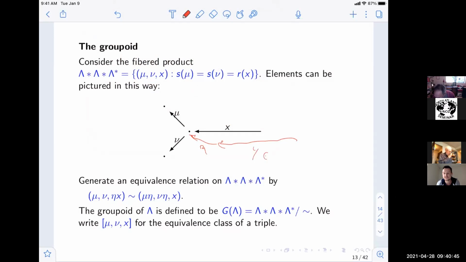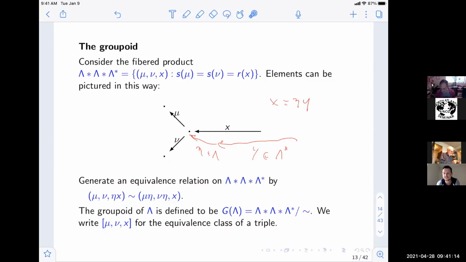So y should belong to lambda star again, and eta, which I could maybe make look like an eta if I work. So if x is equal to eta y, then there's no reason why we couldn't use mu eta and nu eta as our first pair of coordinates, and then y as the last.